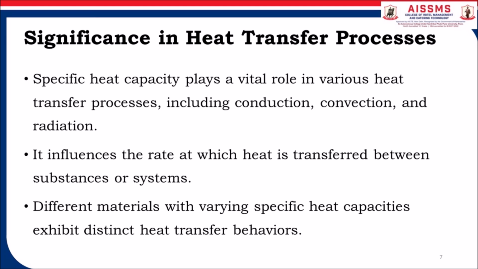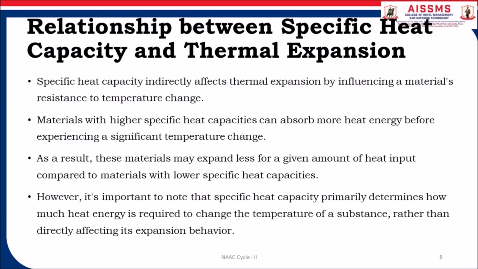Now, let's bring specific heat capacity into the picture. Specific heat capacity is a measure of how much heat energy a substance can absorb per unit mass to produce a given temperature change.